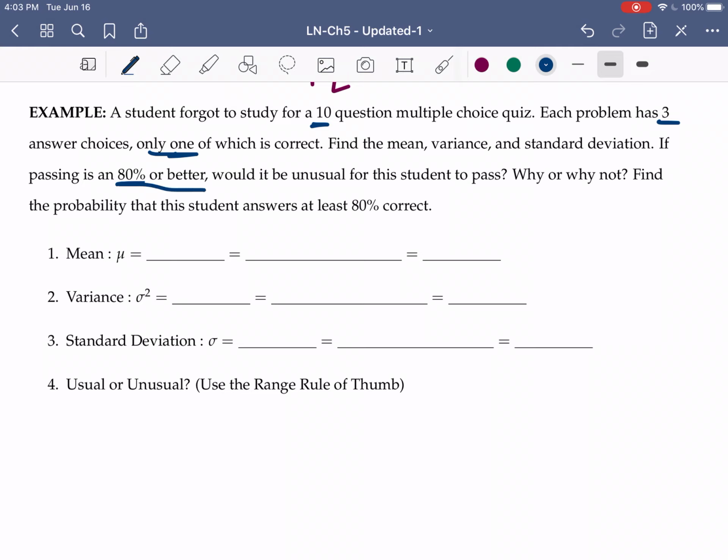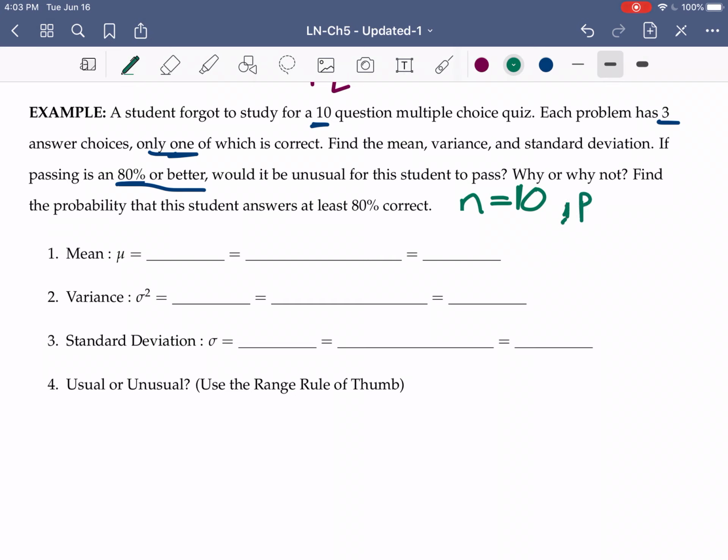So would it be unusual for the student to pass? So let's first find the mean, variance, and standard deviation. Is this a binomial distribution? Yes. Each of the 10 questions is a trial, so we know going in that there are going to be 10 questions.